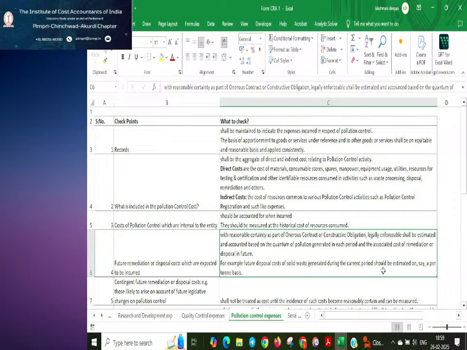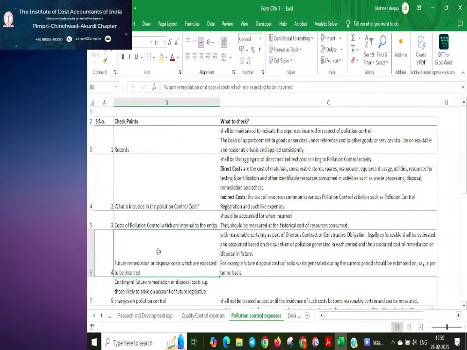Okay, so on that basis it needs to be measured and considered. Though it is not incurred now, it is something which you will be incurring in the future. So this is a peculiar thing. What we usually do, we don't take imputed cost, we don't take opportunity cost, but here it is a future cost that is not incurred, but we are considering it on a reasonable basis.